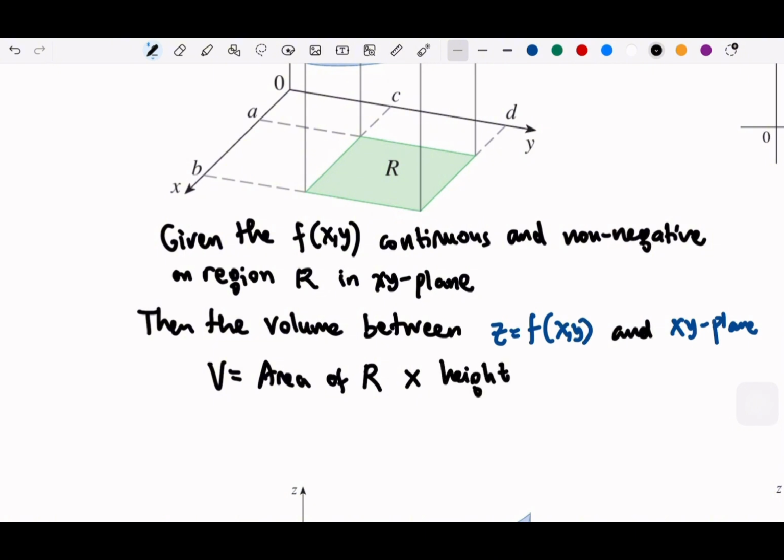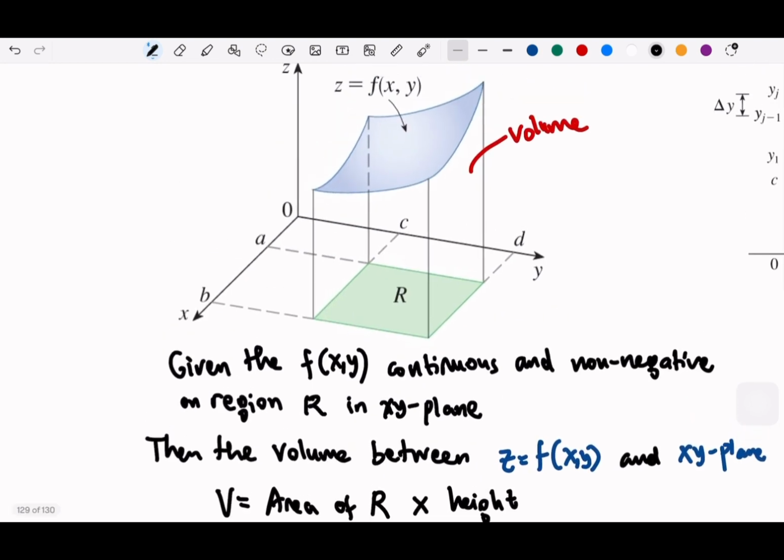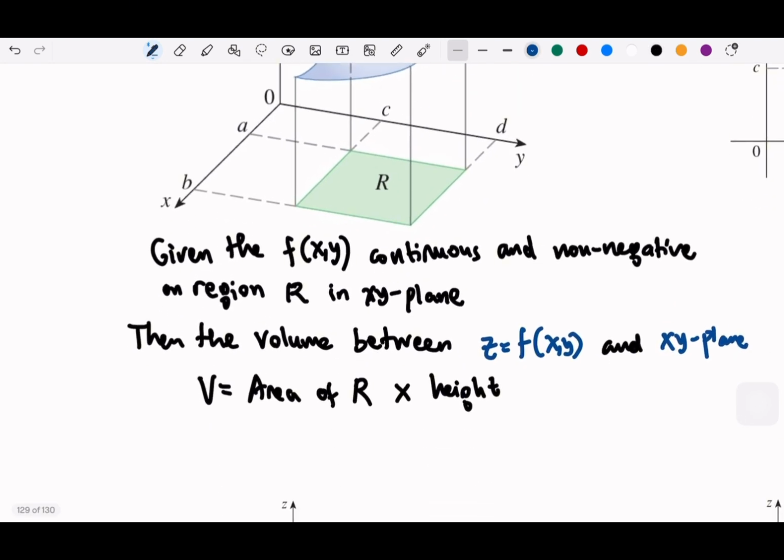The height will be the surface function, or f(x,y).